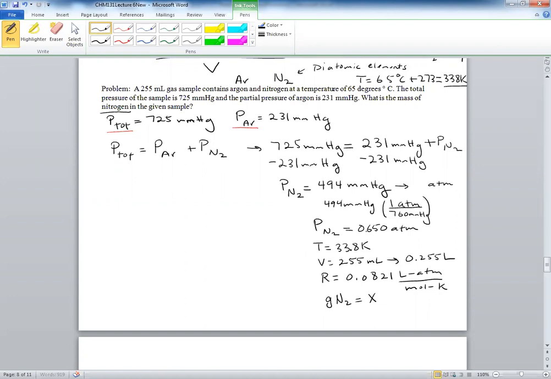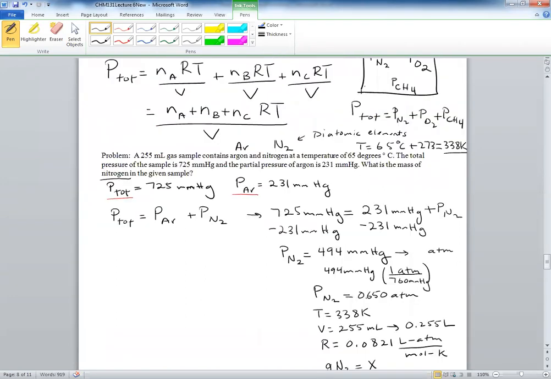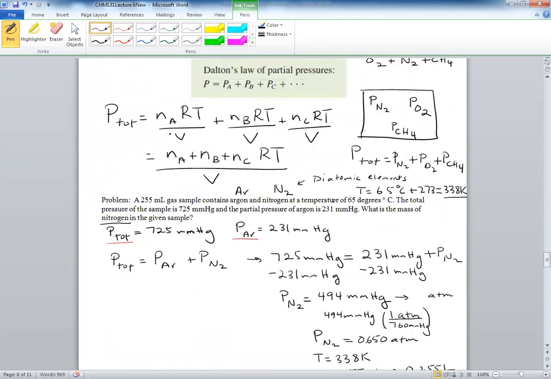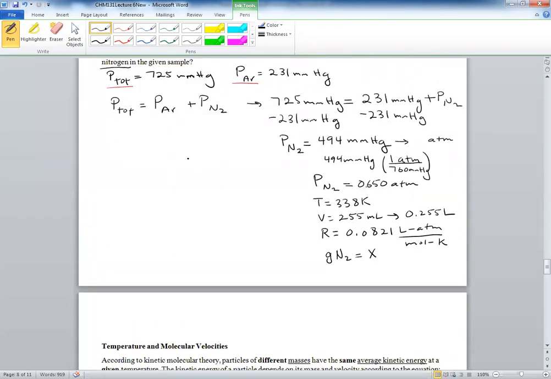Remember, we have to use the ideal gas law equation. So it would be PV equals nRT.